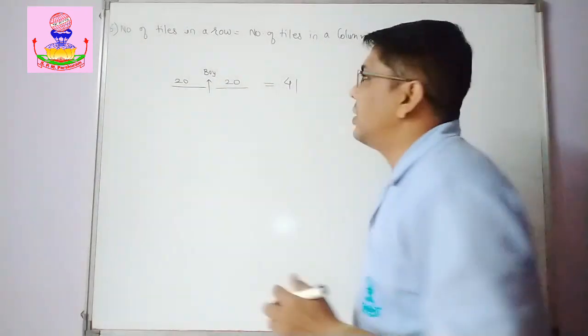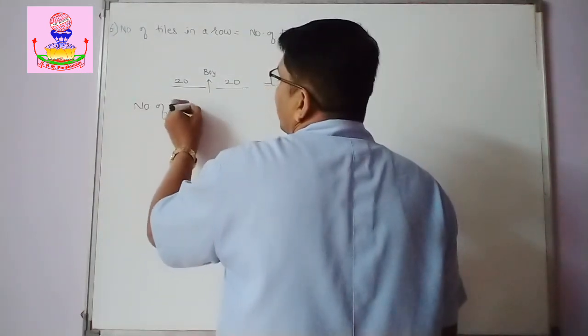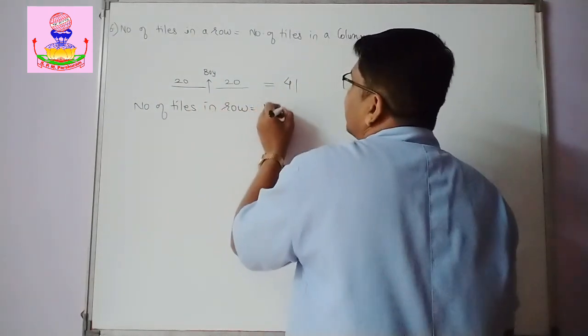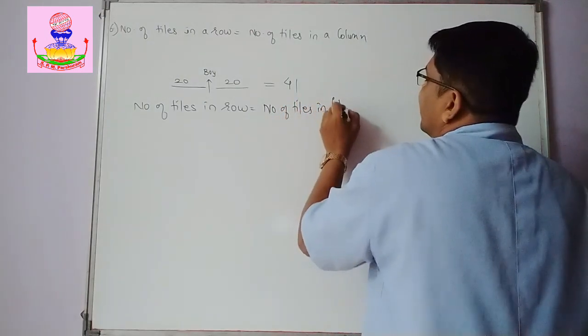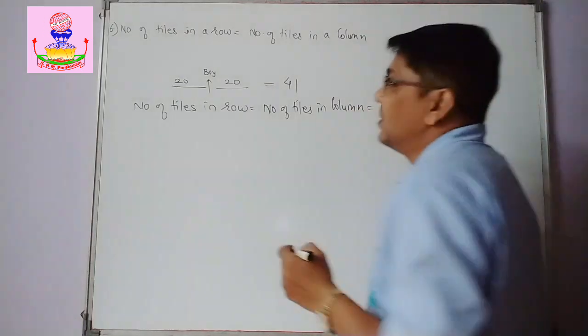Now suppose this is the row. So number of tiles in row equals number of tiles in column, that is equal to how much? 41. So it becomes a square.